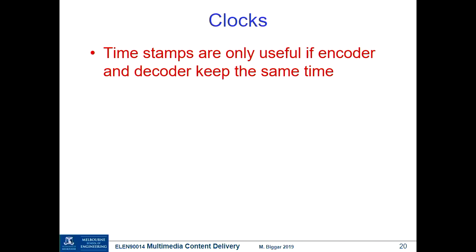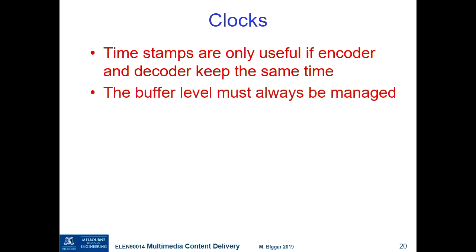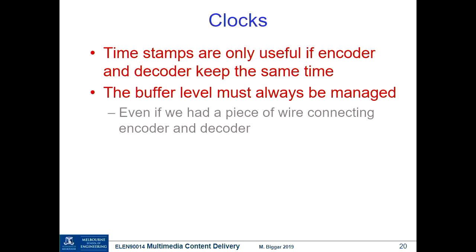So the timestamps are only useful if the encoder and decoder keep the same time, right? Because if they're not, then buffer levels are going to gradually empty, and we'll have underflow or overflow, even though our buffer management communication should keep everything in sync.